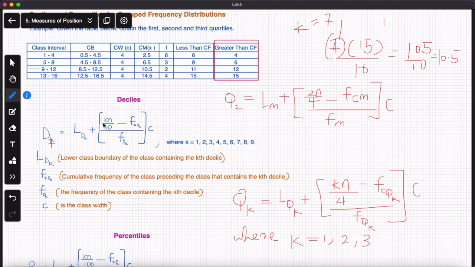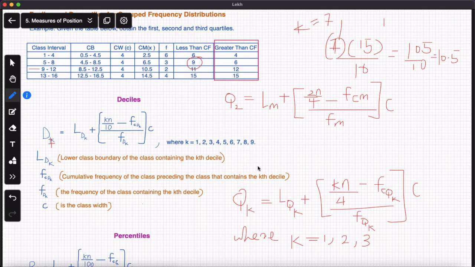So we can obtain the cumulative frequency of the class that precedes the class containing the 7th decile, and that will be 9.